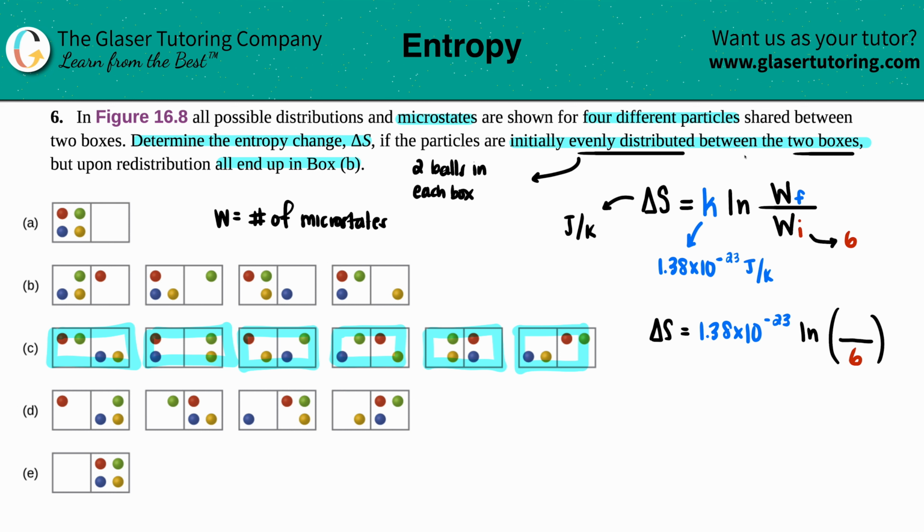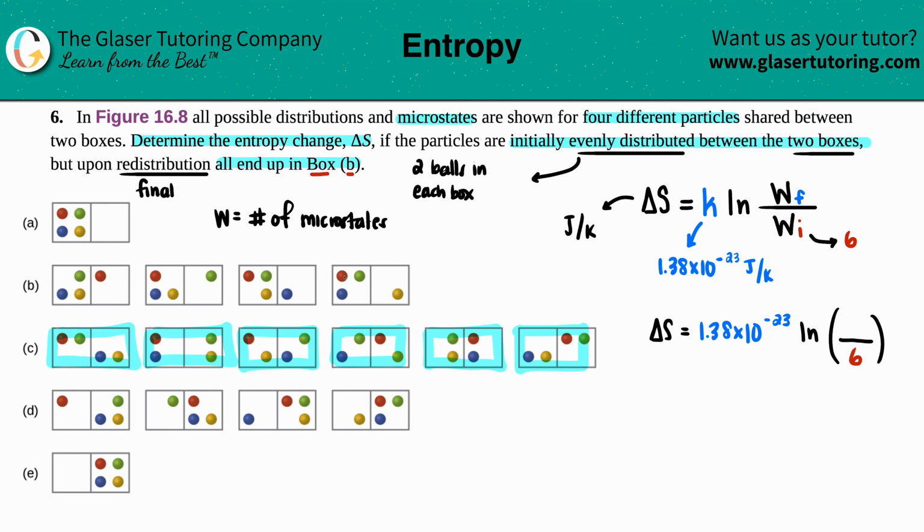Now we just have to find out the final microstate, or how many total microstates are in the final scenario. They told us that upon redistribution, they're talking about final. And upon redistribution, they all end up in box B. Now, I look at B here, and there are technically 4 different boxes.